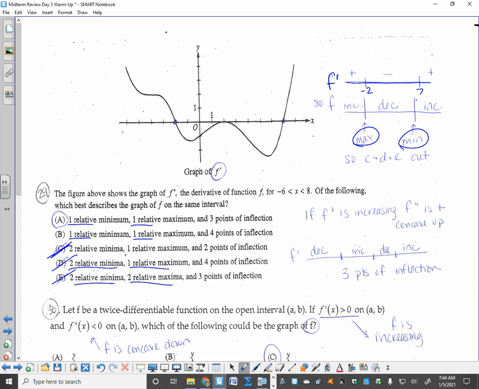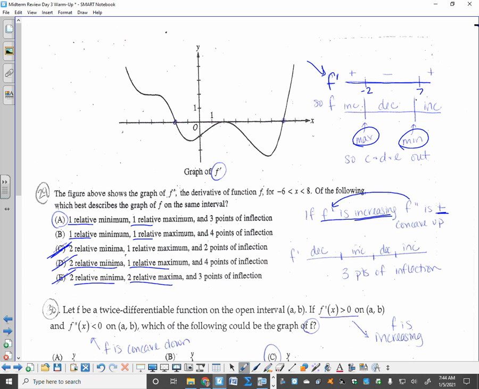So now we need to start thinking about the second derivative. And again, this is the graph of f prime. So if f prime is increasing, then f double prime is positive. Again, f double prime is the slope of f prime. So if f prime is increasing, f double prime is positive.